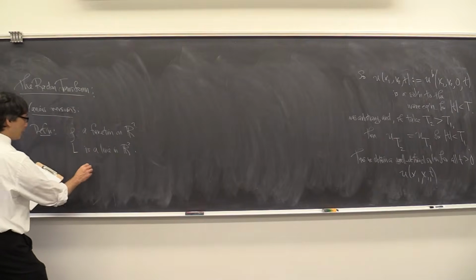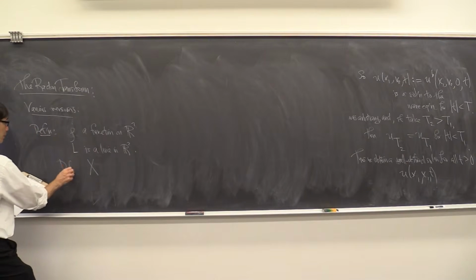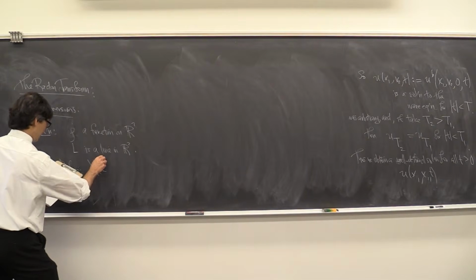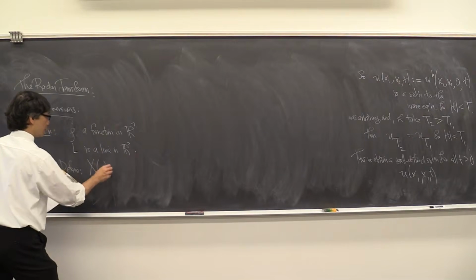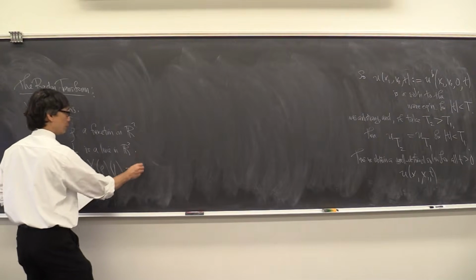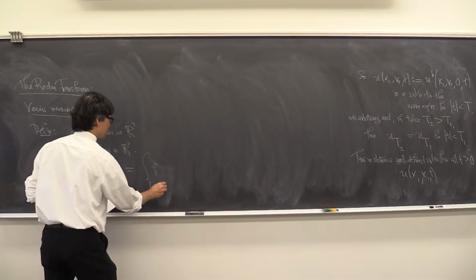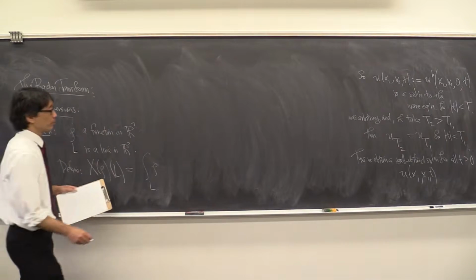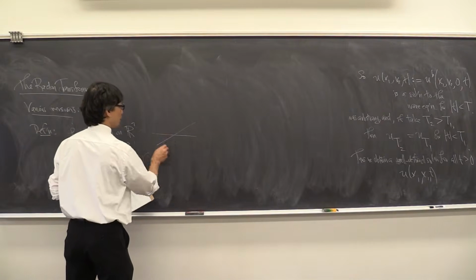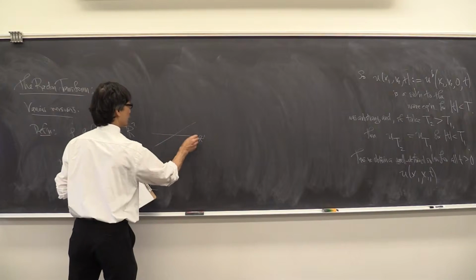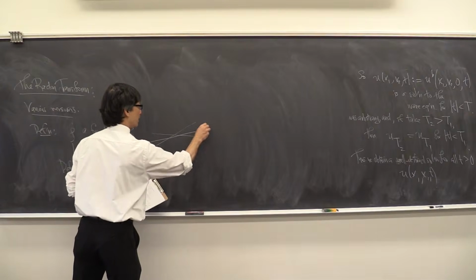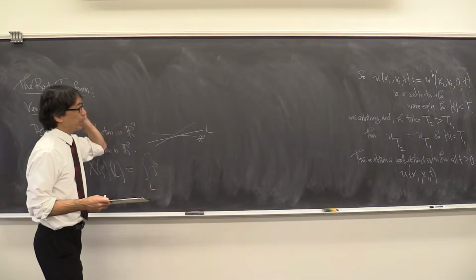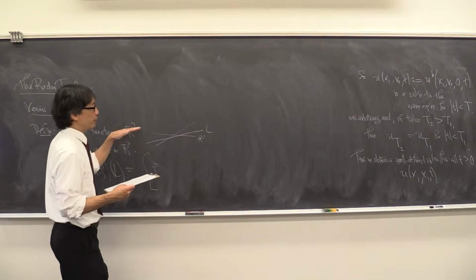We define X of rho of L to be the integral of rho over L. So you have R2, you have some line L in R2, and you have some function on R2, and you integrate the function over the line.